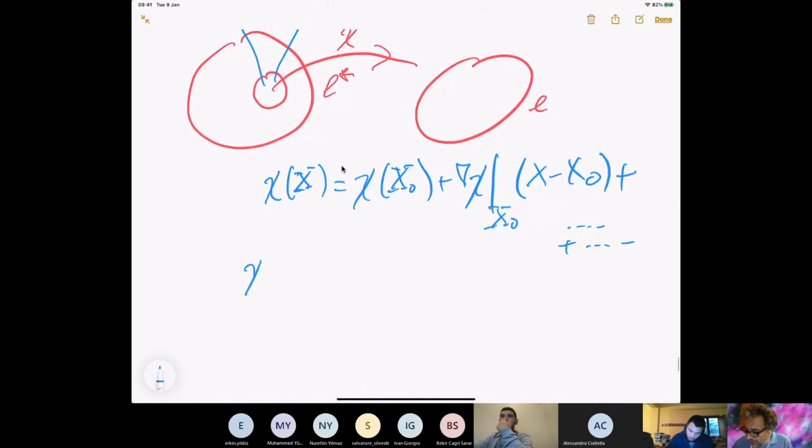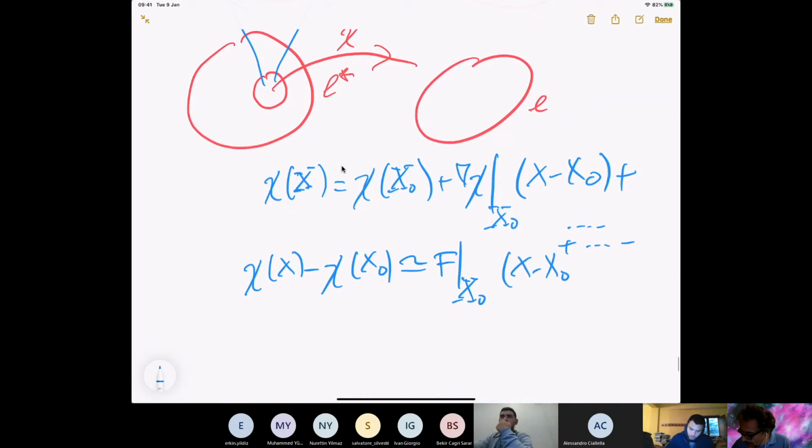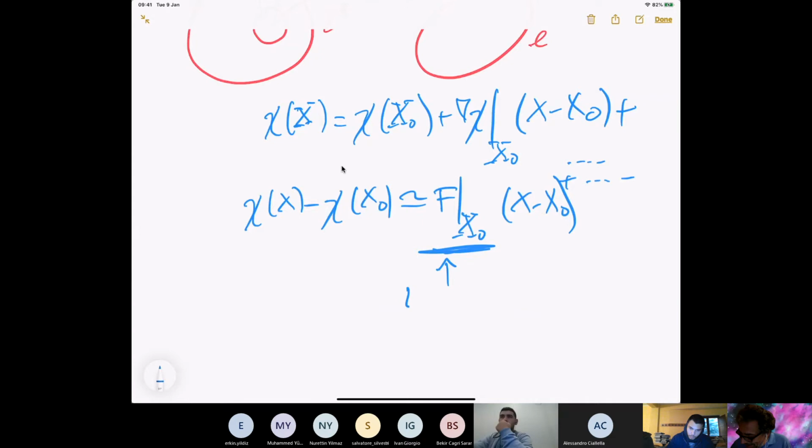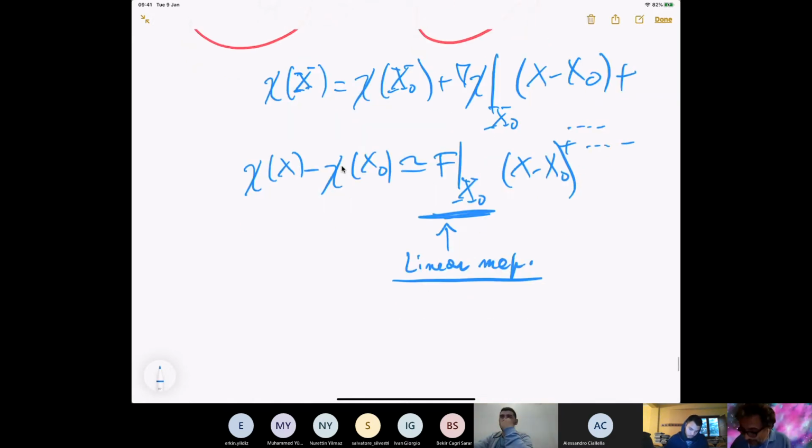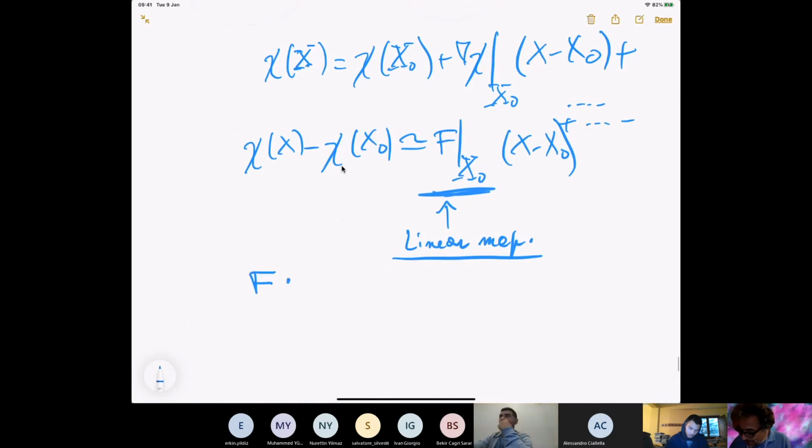So we wrote chi x minus chi x0 nearly equal to F calculated in x0 times x minus x0. So we introduce a linear map. So now you can try to understand why we are studying so heavily linear maps. But what we did, F maps vectors VB into vectors V small.